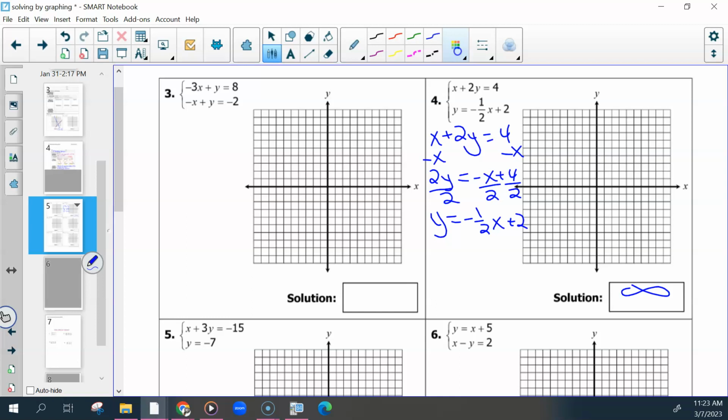So when we graph this, we just need to graph the line at least once, and I'll show you how you can show the second one. So start at positive 2, go up 1, left 2, as many times as possible. Down 1, right 2, as many times as possible.